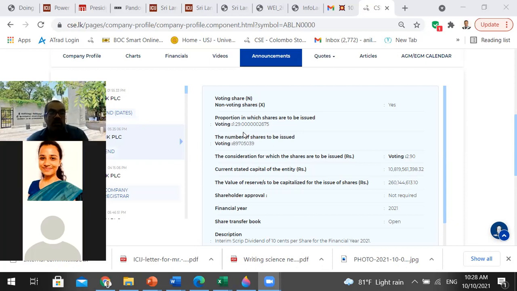So that process is called capitalization of reserves. Therefore, the end result of capitalization of reserves, scrip dividend, bonus shares, and share split is the same. It is exactly a transfer from one place to the other, a book entry.